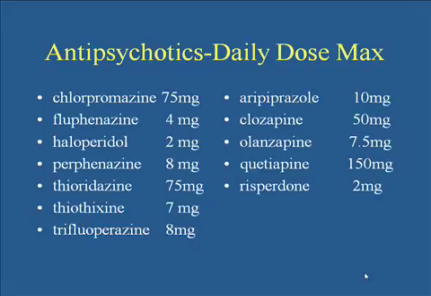There are some others that are not as common, but the ones on the left-hand side of the screen are the more traditional, or what we call the older or first generation, or typical antipsychotics. Those on the right side of the screen are more what we call the second or the atypical generation of antipsychotics. Brand names that you might recognize in that group are Risperdal or Zyprexa, Seroquel, or those on the right side.